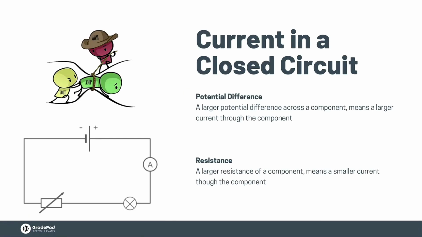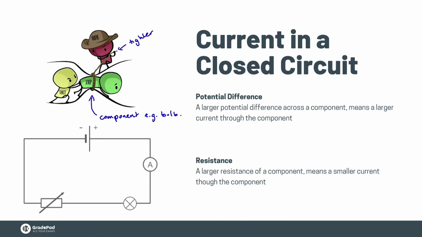Let's think about current. And we've got a very funny little diagram here. What this part of the diagram is supposed to represent is a component, for example, a bulb. You can see that there's a figure pulling that rope tighter around the component.